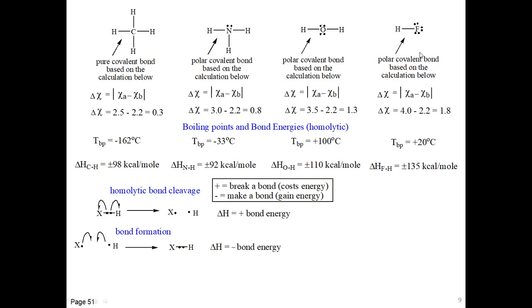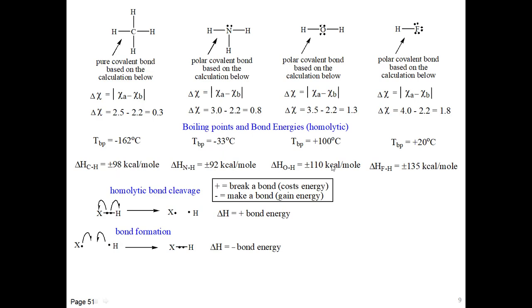So the difference for the HF compared to the H2O is HF only has 1 H. And so that means there's only one place it can grab a hold of a neighbor molecule with its H. And because all the other neighbors have only 1 H, they can only grab a hold of 1 lone pair over here. And so even though it has a little greater polarity, it doesn't have more attractions because of its single H versus 2 H's over here. Now the bond energies are all strong.